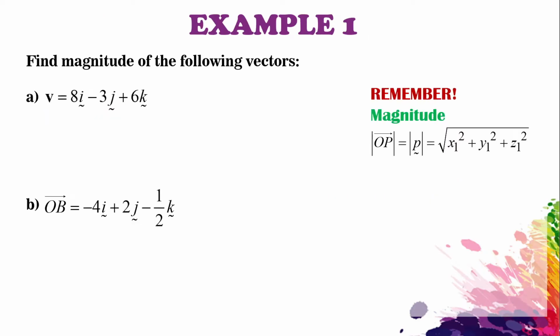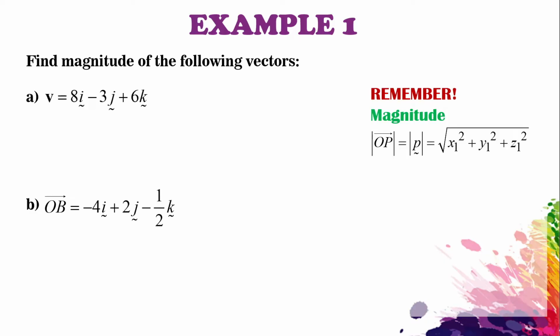So now, let's apply what we have learned in the previous slide by solving this example. Example 1. Find the magnitude of the following vectors. Part A, vector V equal to 8i minus 3j plus 6k.